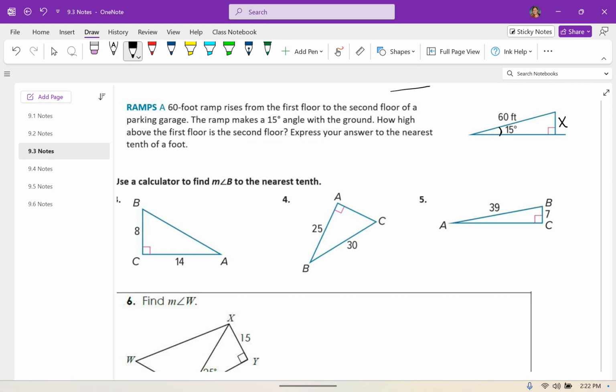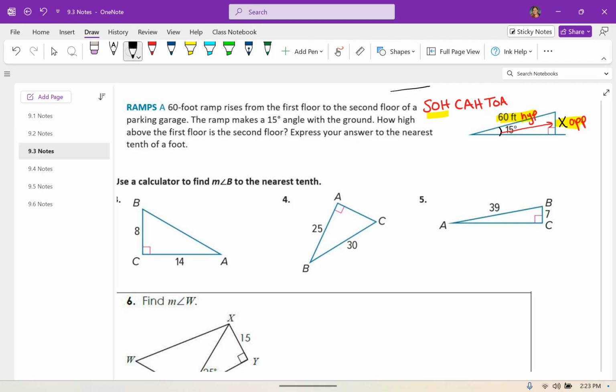Okay, so if I write SOHCAHTOA, I know that 60 is the hypotenuse, and across from 15 is x, so this is opposite. So I know that I have O and H. OH is sine.